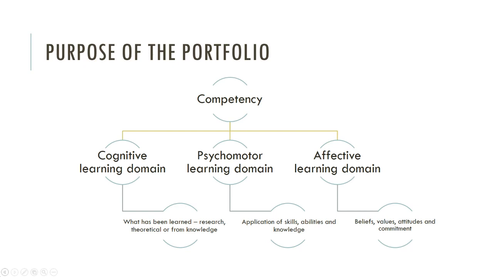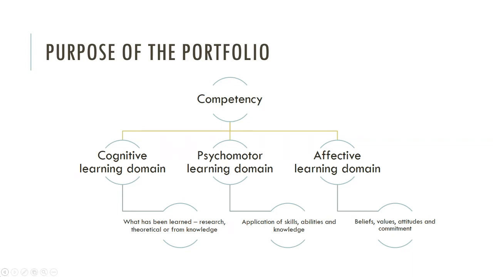So in the previous slide, I spoke about competencies, and what we want to do in a portfolio is to look at different competencies in quite a broad range, if I can put it that way. Not only do we look at cognitive learning in terms of what you actually have learned, so these theoretical aspects, research, knowledge underpinnings, the information that you've gotten from the module.